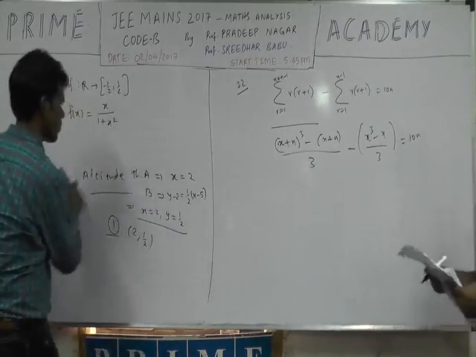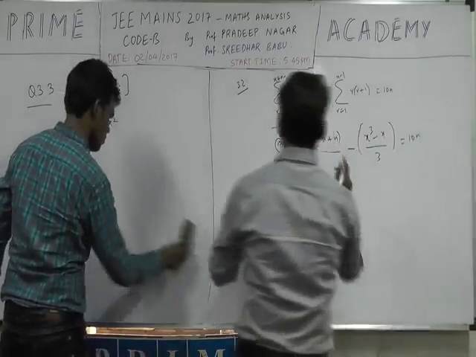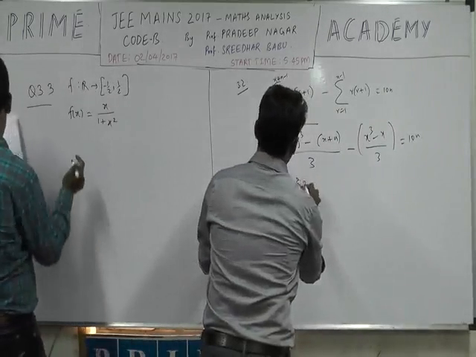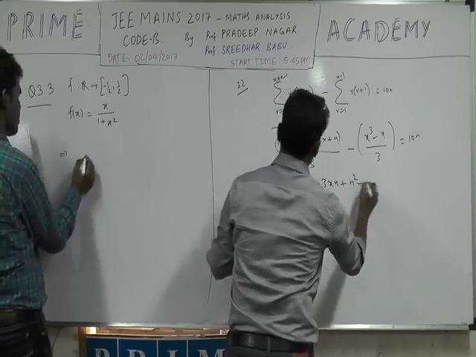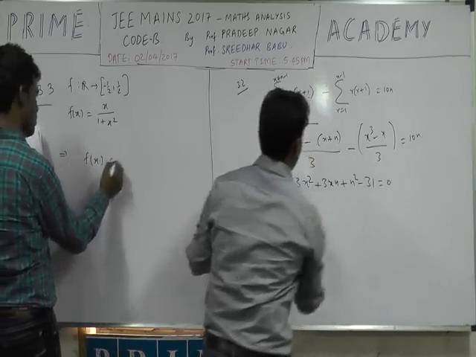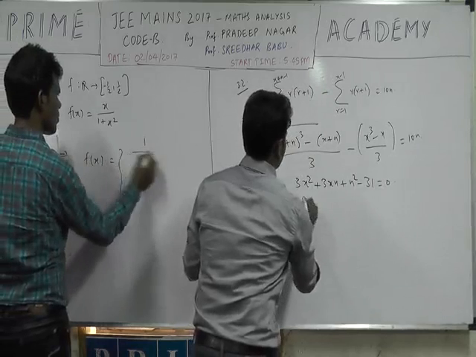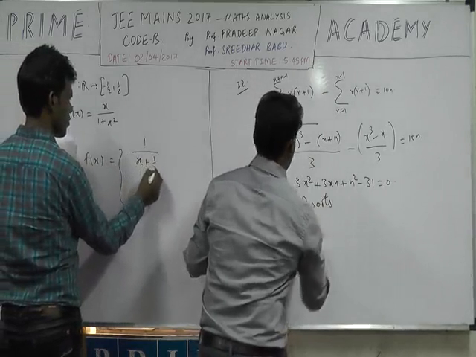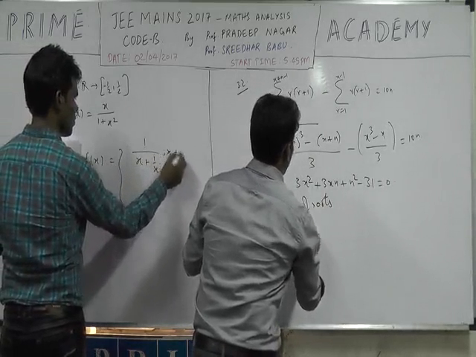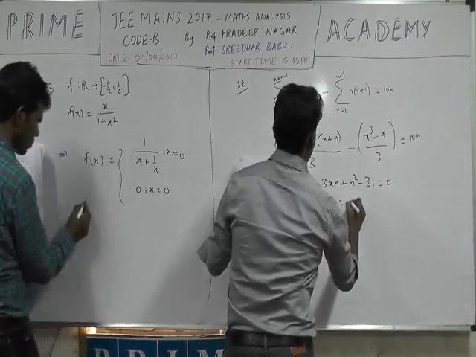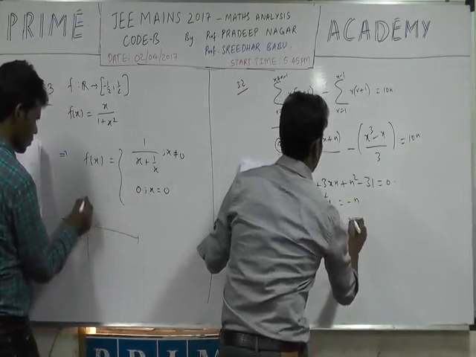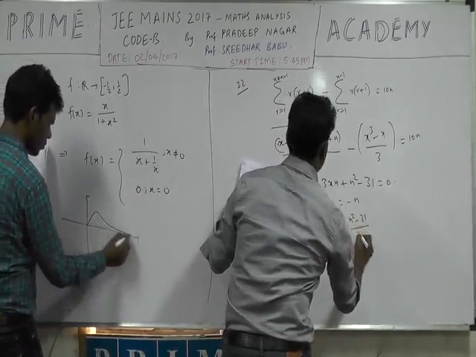Now when we simplify this equation entirely, we will be getting an equation like 3x square plus 3xn plus n square minus 31 equal to 0. Here we get the sum of roots and product of roots as minus n and (n square minus 31) by 3.